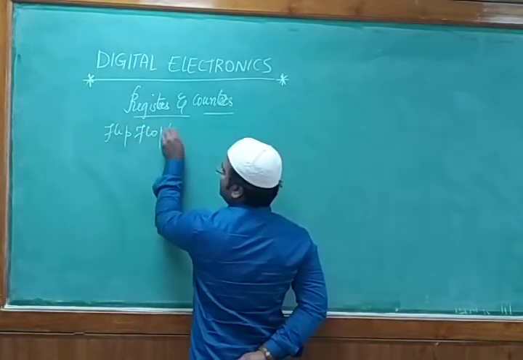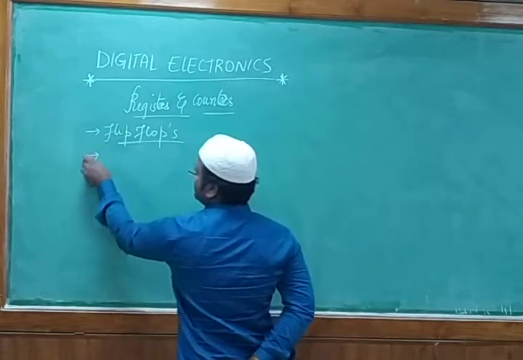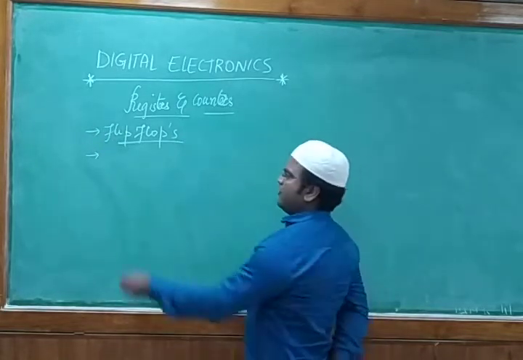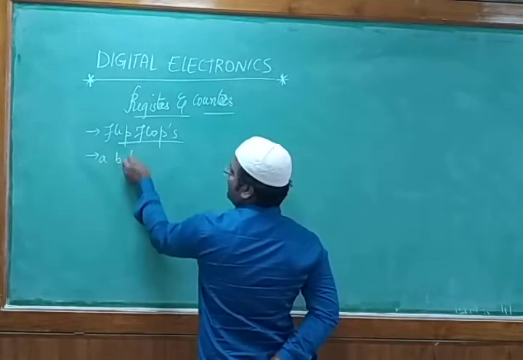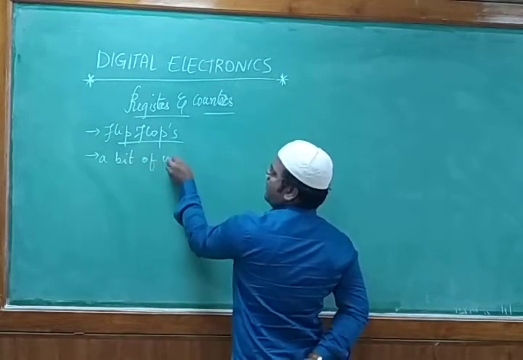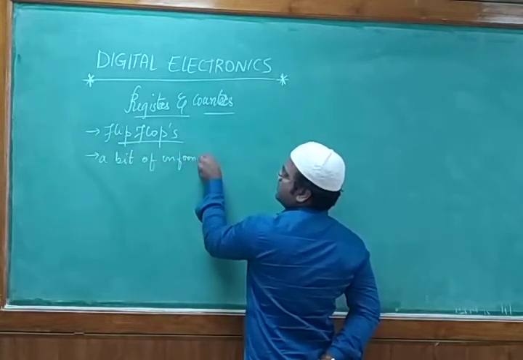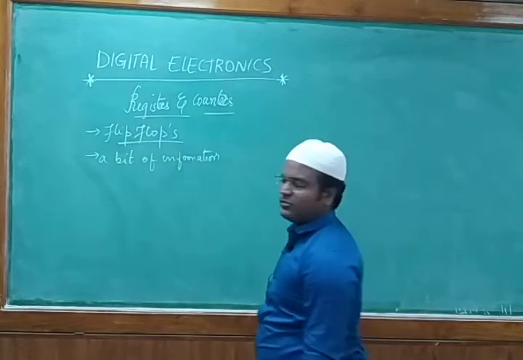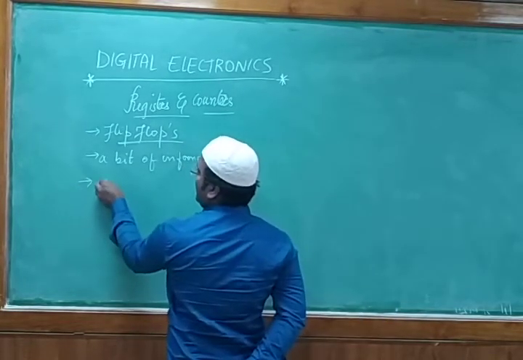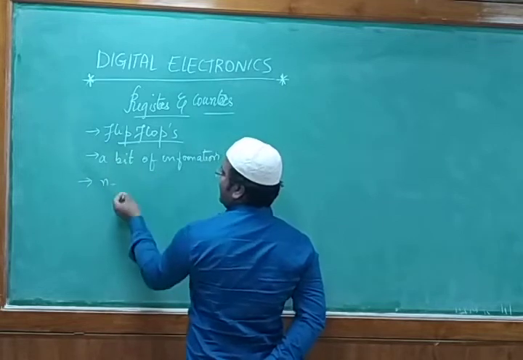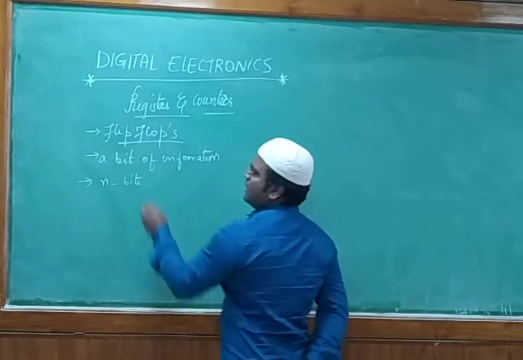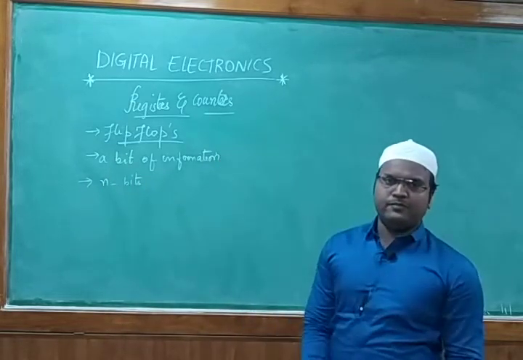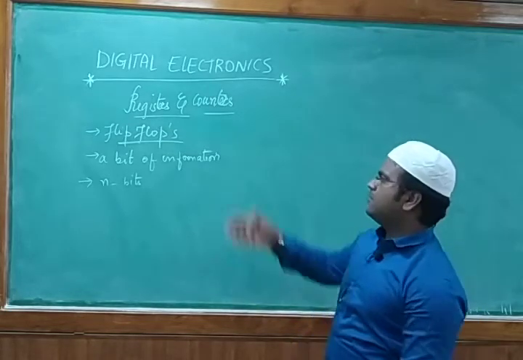By using the flip-flops, it is going to store a bit of information in the form of zeros and ones. Next, if you want to store n bits, we have to use n number of flip-flops. Okay, so these are the definitions for registers.